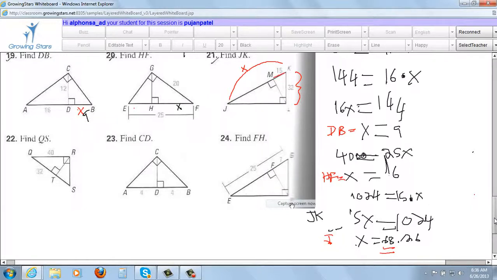Okay, equals 68. You subtracted from 100 or something to get that 32? How did you get 83? Oh, I added 15 because I thought JM was okay. All right. But this is directly you're getting the answer using the geometric mean theorem.